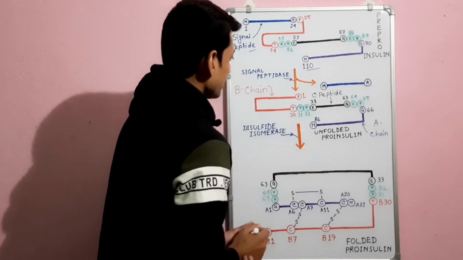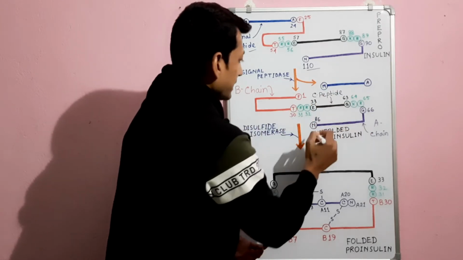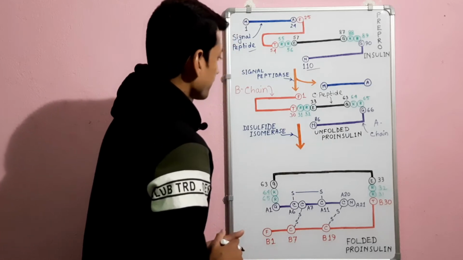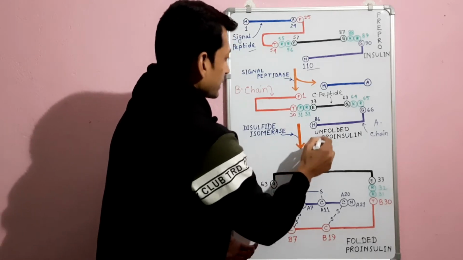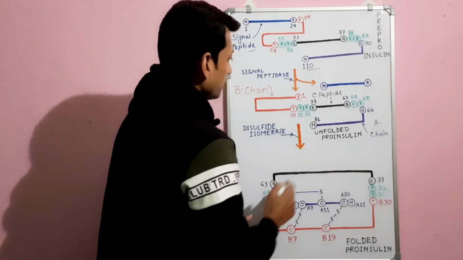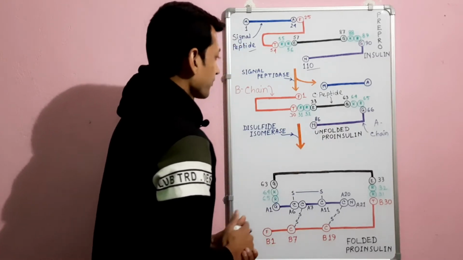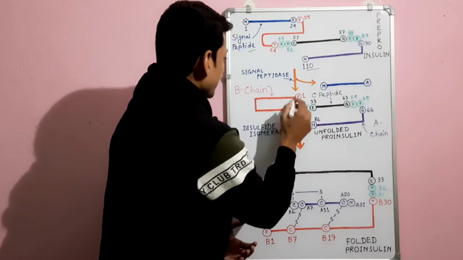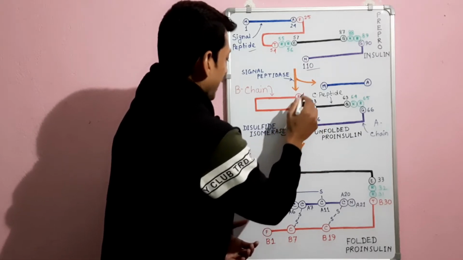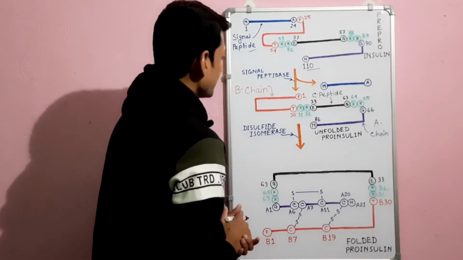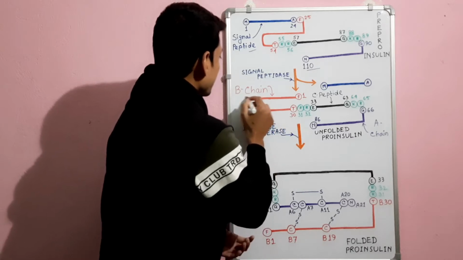As a result, proinsulin is formed. This proinsulin is now an 86 amino acid long chain. The first 30 amino acid long region is known as the B chain.